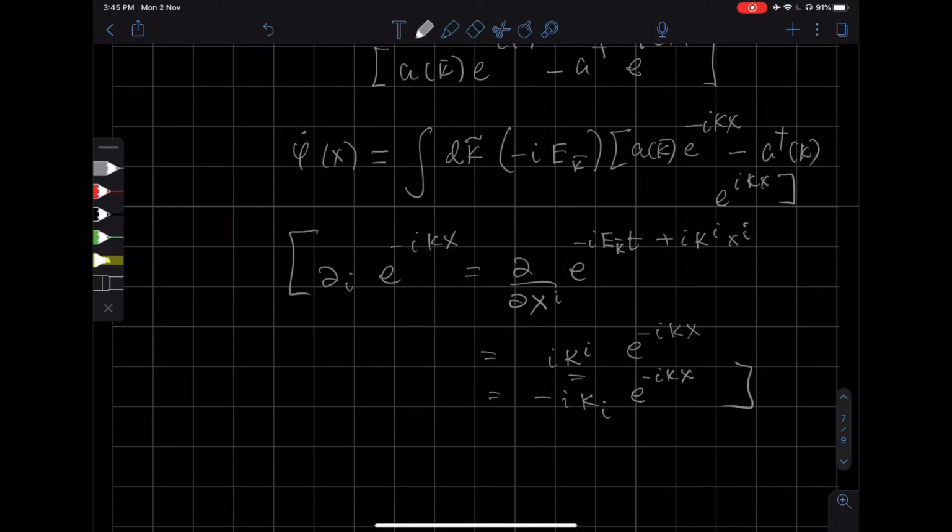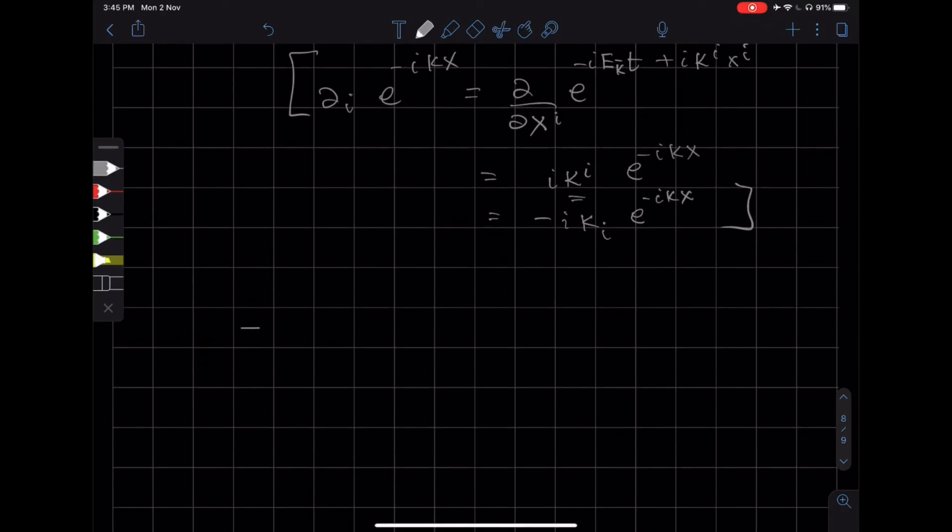So now that we have the expressions for phi dot and the spatial derivative of phi, we can compute what minus the normal ordering of the integral of phi dot and del_i phi is going to be.